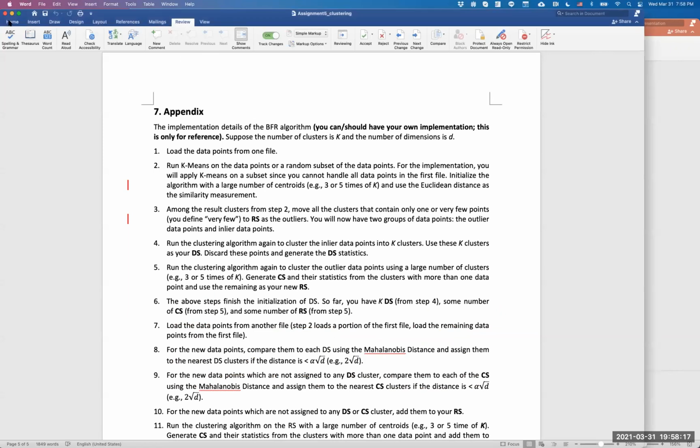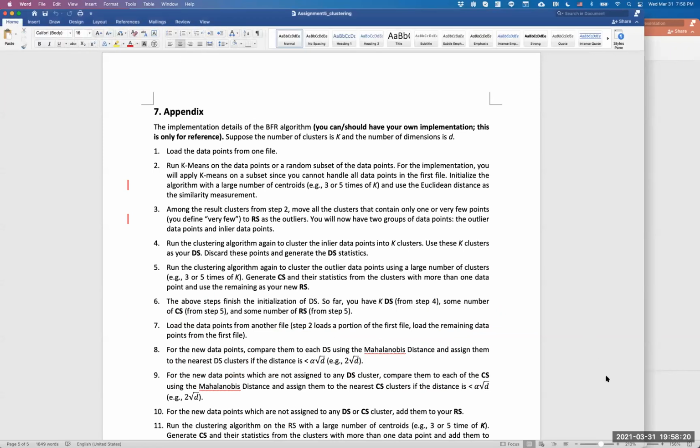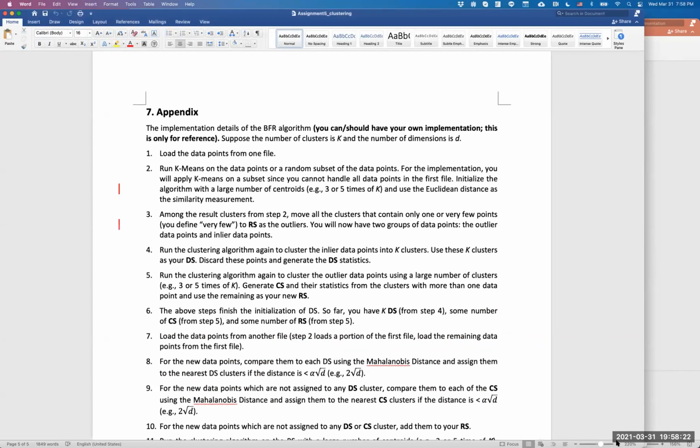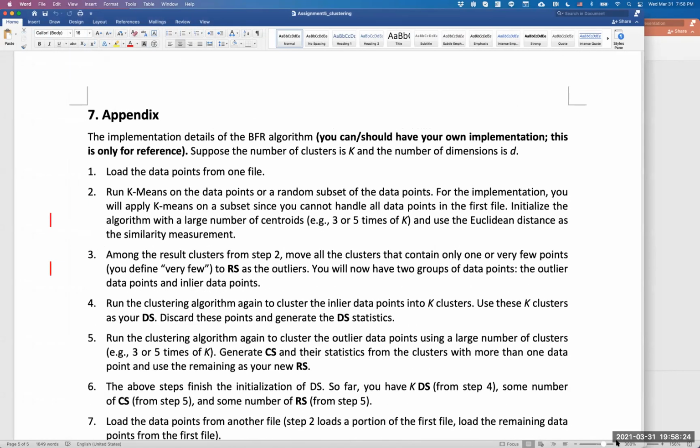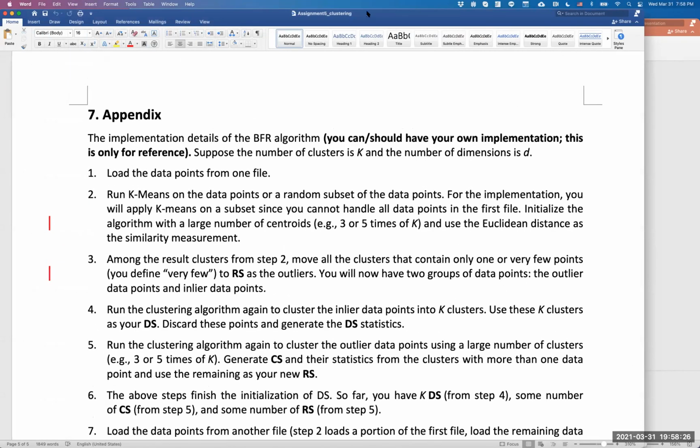Okay, here. This is not the final version, but it's close. This shows you the implementation details for the BFR algorithm.